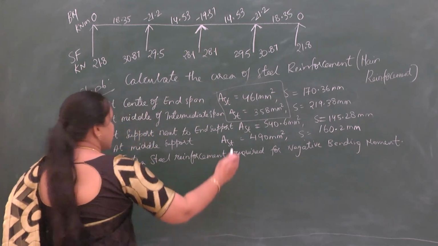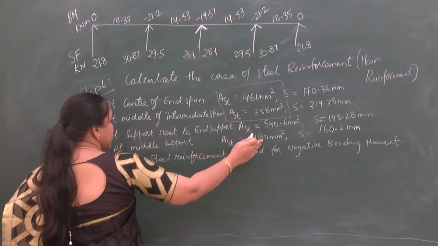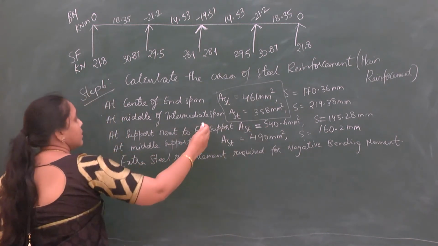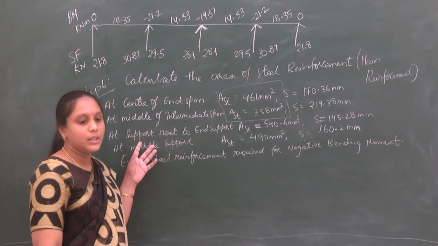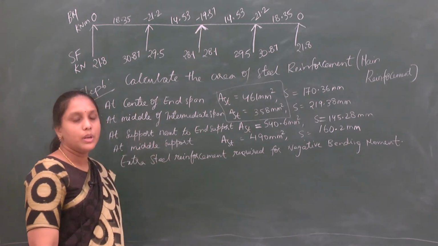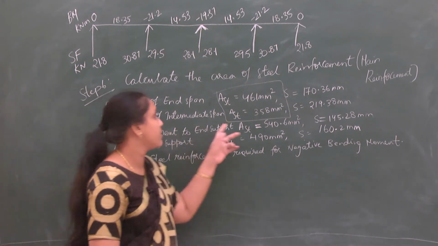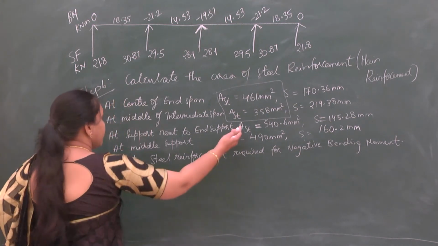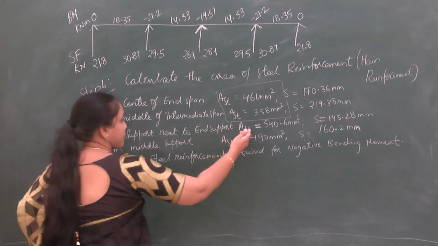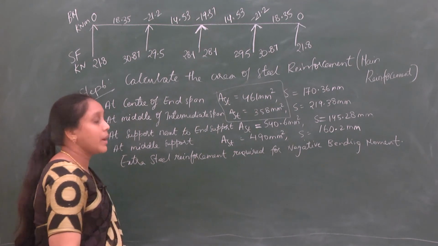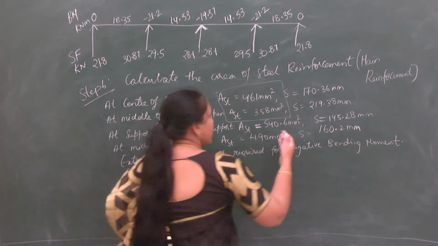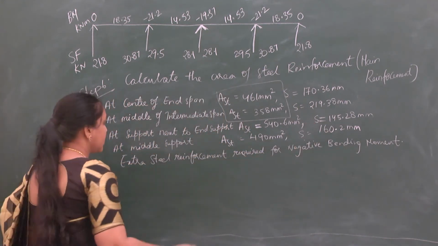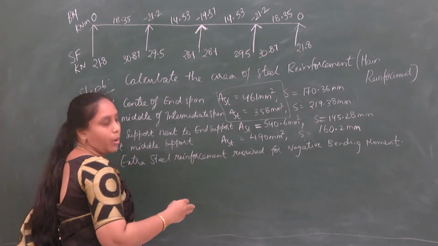So these are the two areas of steel for the supports, and this is our area of steel for the maximum bending moment which is required. So first let us calculate the area of steel to be provided.